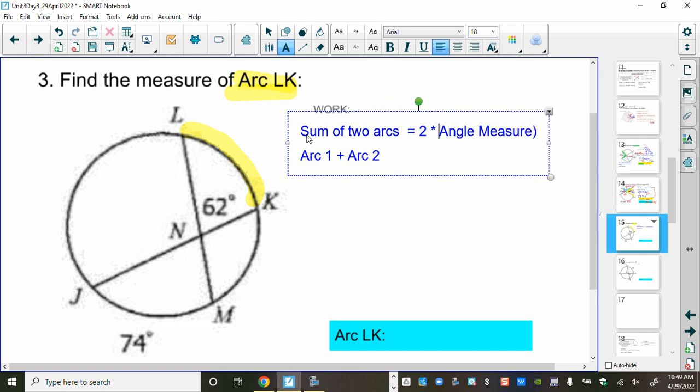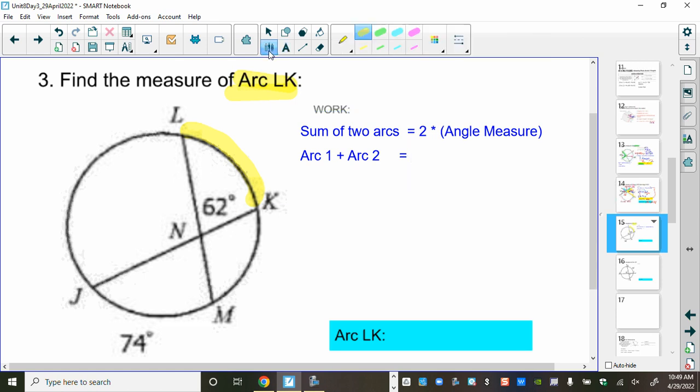So the sum of the two arcs equals 2 times your angle measure. The reason being, we know that this 62 right here is congruent to which other angle? The J and M. Between J and M, you're going to have a 62 right here as well.